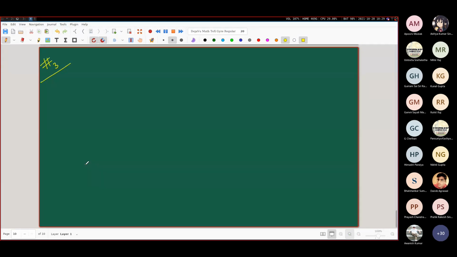This time we are going to consider this. Just like before, we are going to clamp the lower end, and this end we are going to pin.